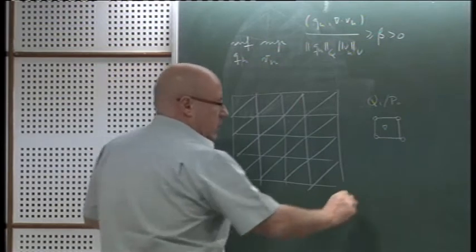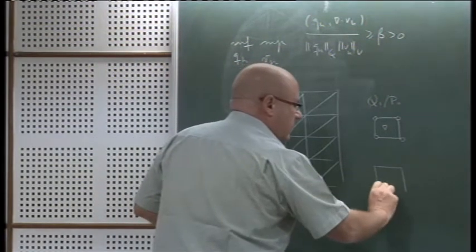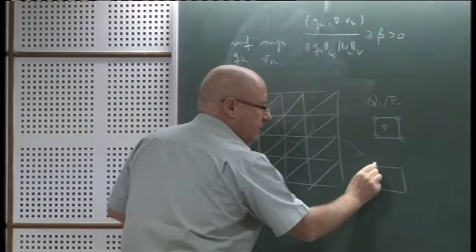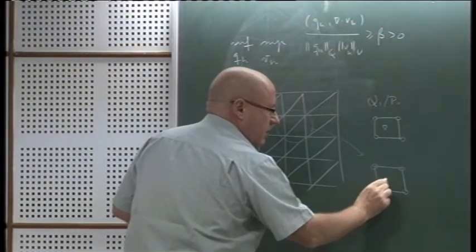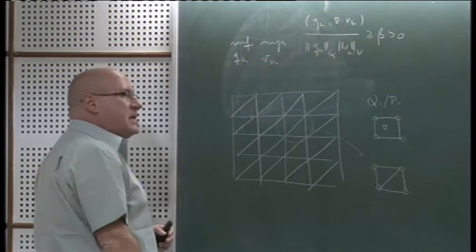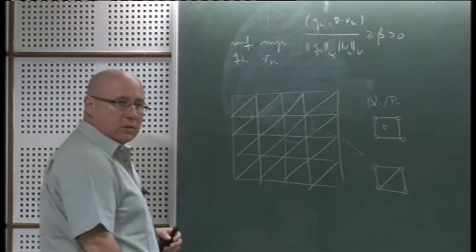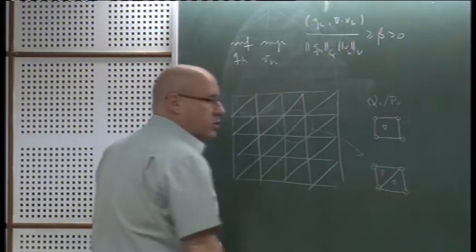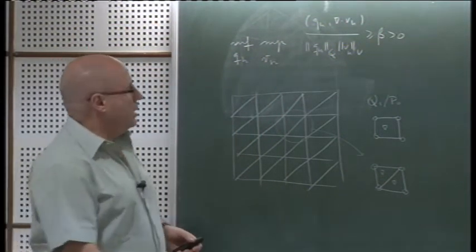But if you discretize it using triangles, if we look at one of these cells, what happens? It happens that you have the same number of velocity unknowns, but you double the number of pressure unknowns if you use the P1, P0.